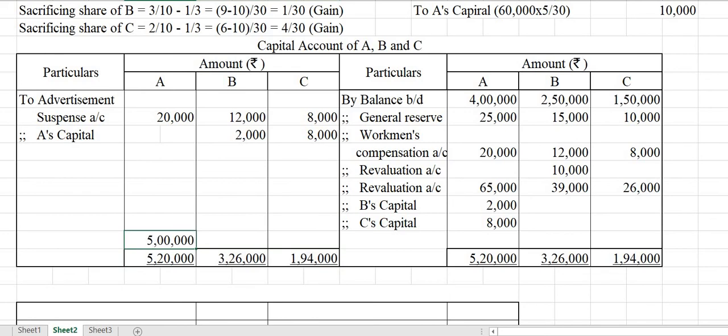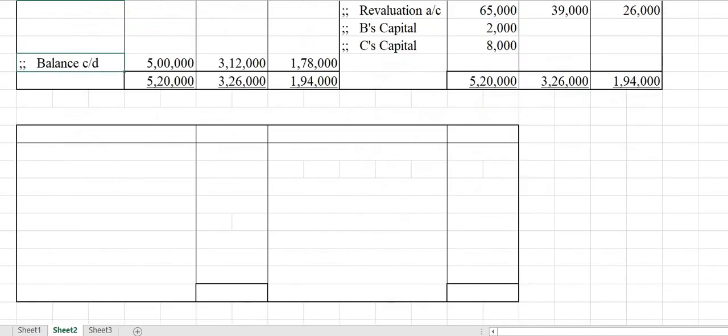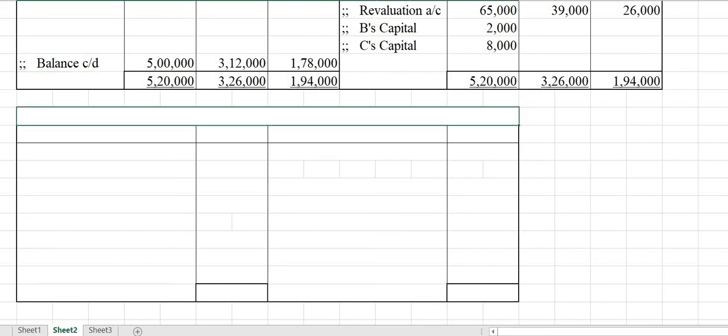For A it is 5 lakh, B 3,12,000, and for C 1,78,000. What can be written for that balance? To balance carried down. That will be the new capital in the firm, new capital of partners in the new firm.